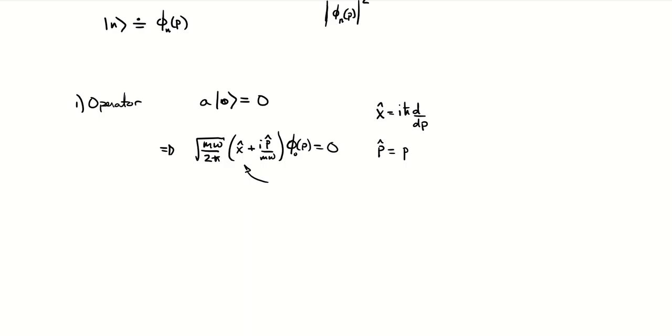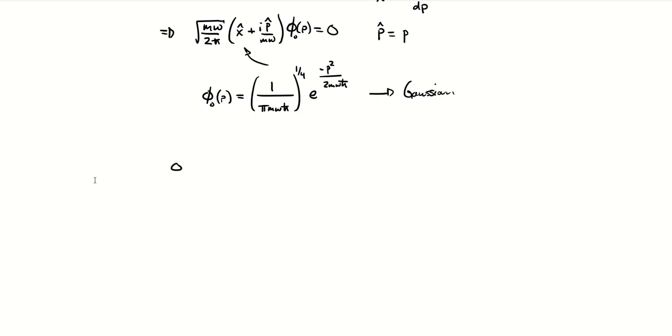If we plug those in, we get a differential equation because this is equal to 0. It turns out the n equals 0 momentum space wave function is equal to 1 over pi m omega h bar, all to the 1/4, times e to the negative p squared over 2 m omega h bar, which is a Gaussian function. We can then take the raising operator and do the same thing we did in the position space representation, where we figured out the ground state wave function: apply the raising operator and keep going.